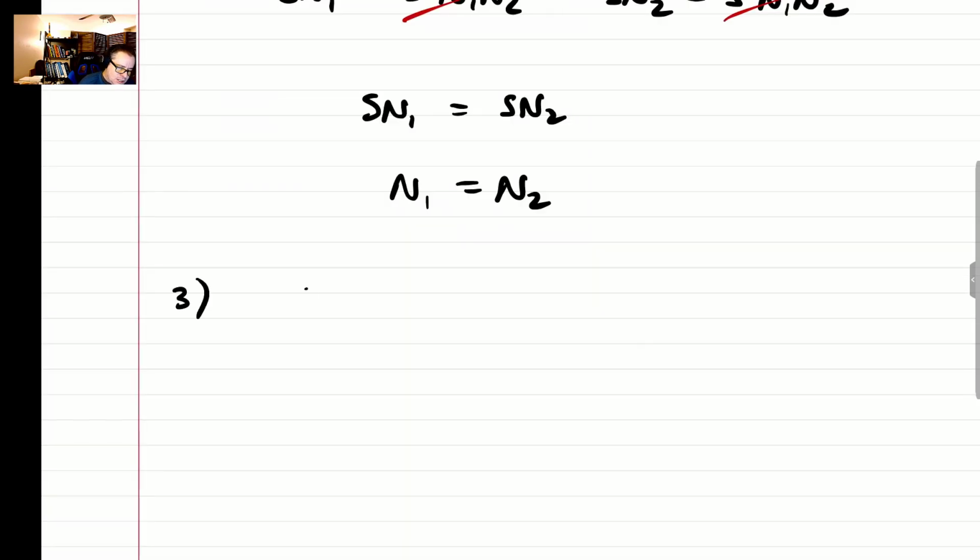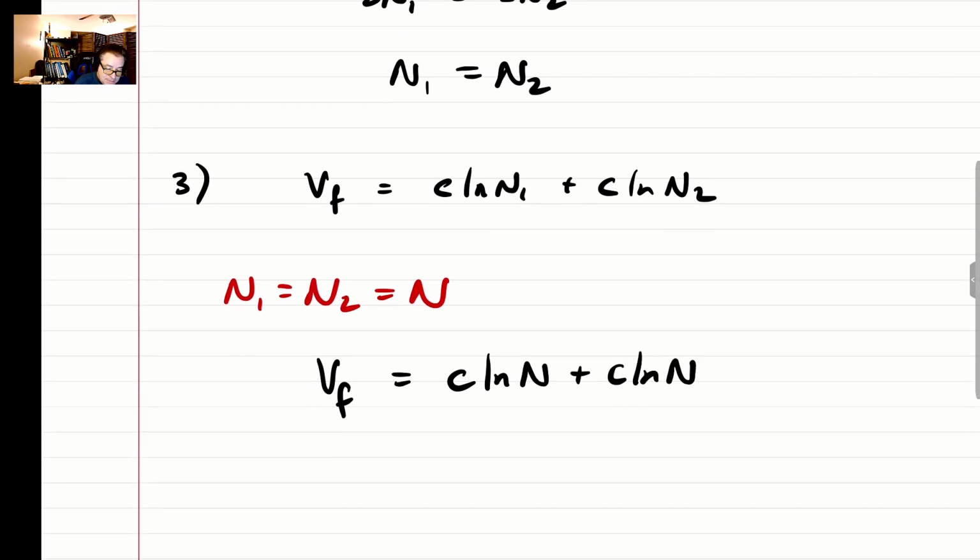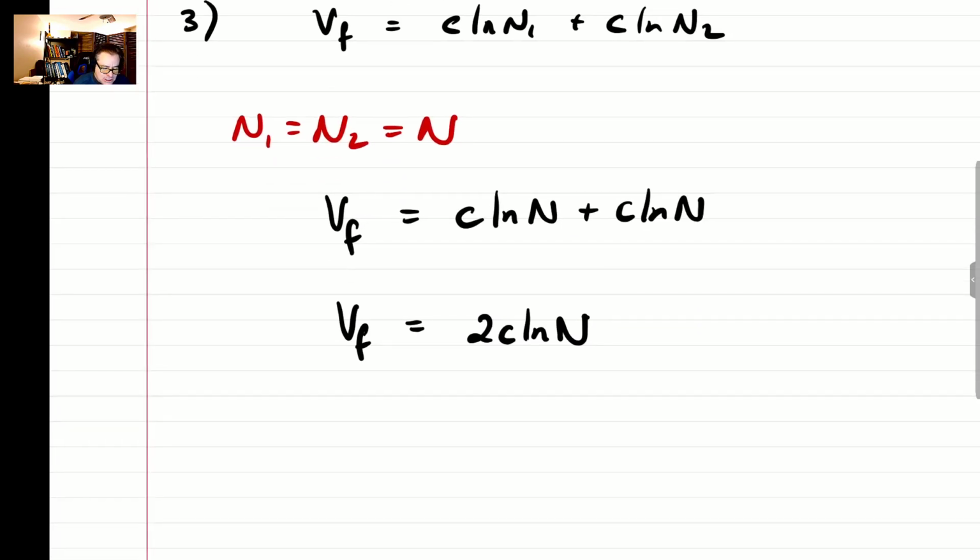The third equation in that system was c ln n1 plus c ln n2 has to equal the final velocity. But we've just discovered that n1 equals n2, and we'll call that n. So the final velocity is c ln n plus c ln n, which means the final velocity has to equal 2 times c ln of that mass ratio n.